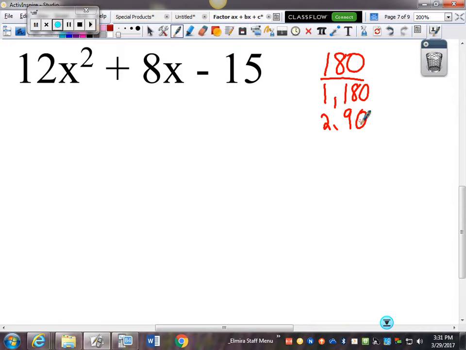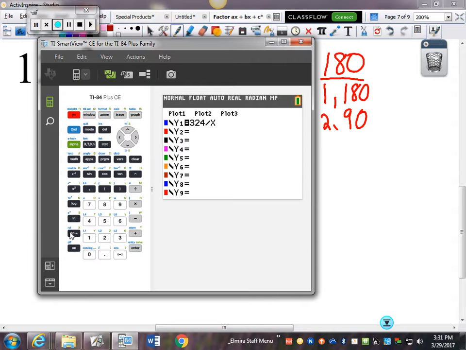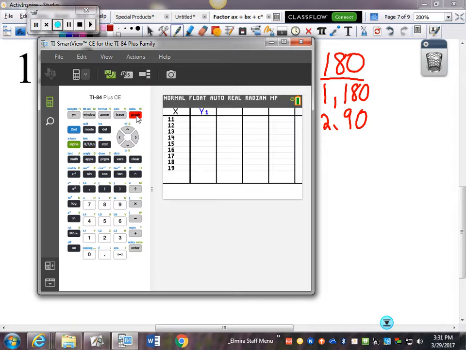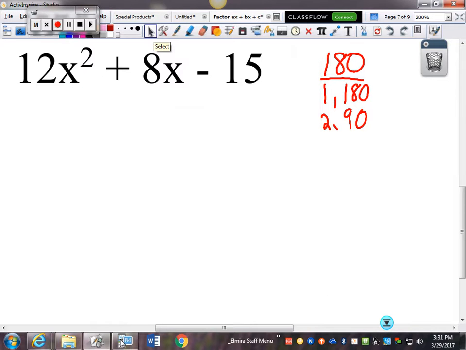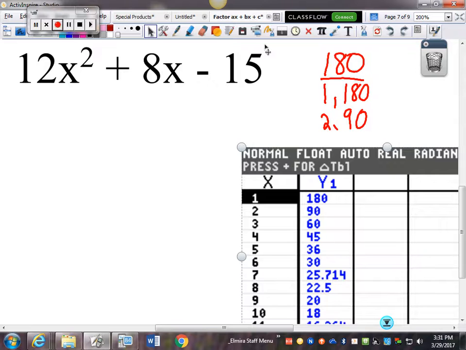Well, don't forget the hack that I've shown you in class, which means I don't have to really write it all out. I can type in 180 divided by x into my y equals, go to my table, and I start seeing all the factors of 180.